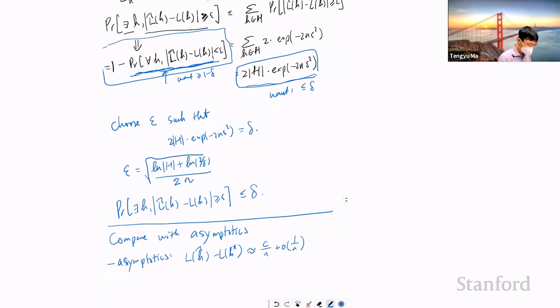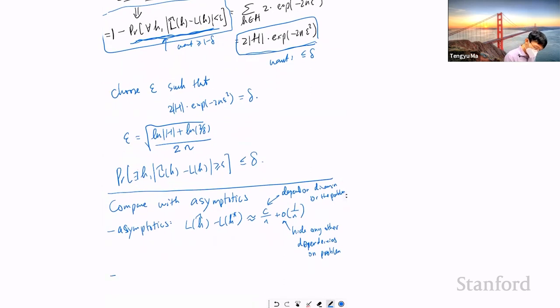Recall that this C can depend on the dimension or the problem, and here you can hide any other dependencies on the problem.